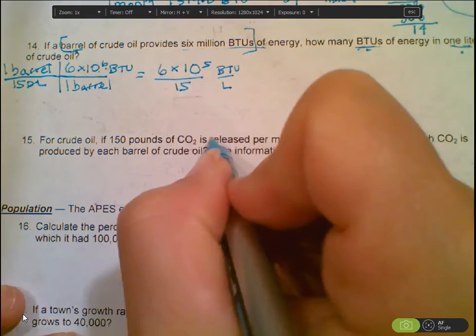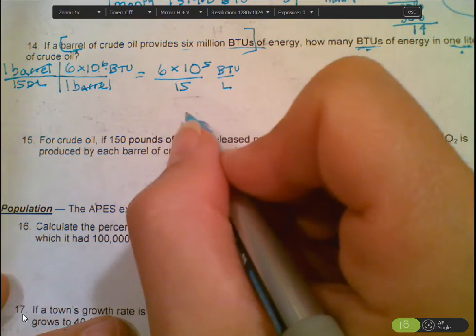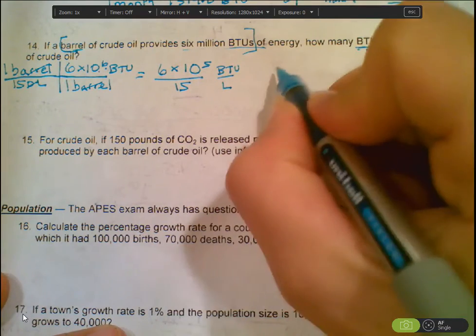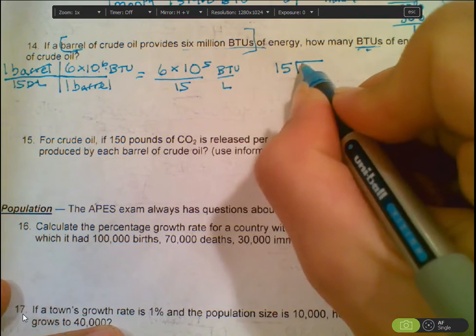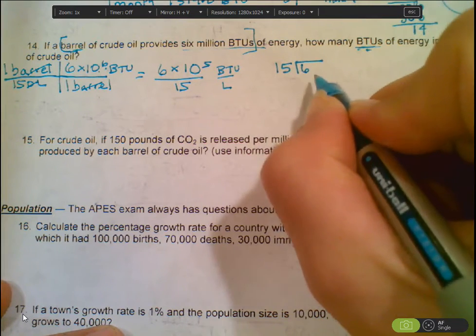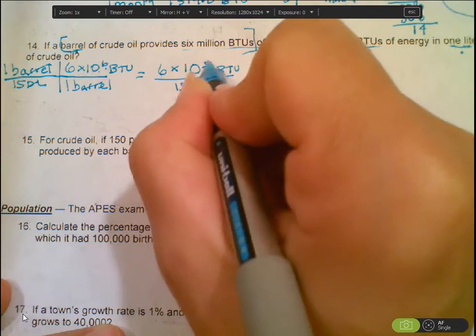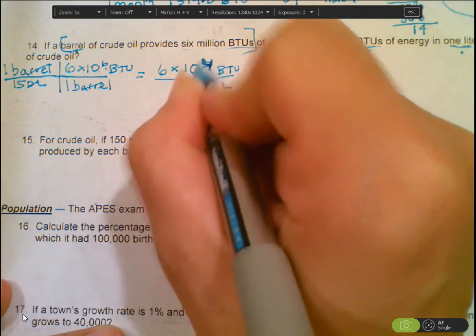I'm not done yet. I have to simplify that. So 15 goes into 6. Let's check it out. 15 goes into 6. Do you want to make your life a little bit easier and go ahead and get a 0 out of, let's make that a 0 and knock this back down to 4 again. That'll make your life a little bit easier.